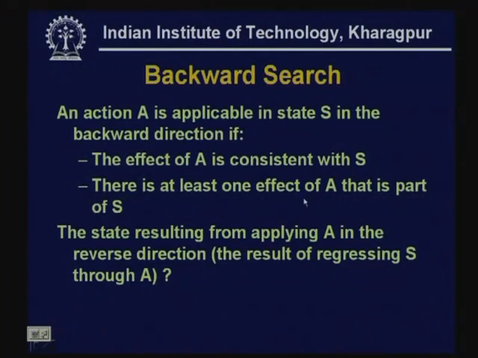We must consider an action A whose effect makes at least one condition in the goal valid. So, you achieve at least one condition of the goal. You must select such an action, but you must be careful that the effects of the action are not inconsistent with what you have at the current goal state.